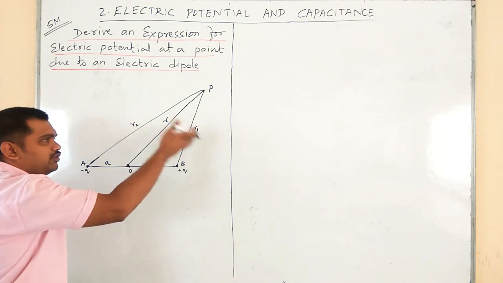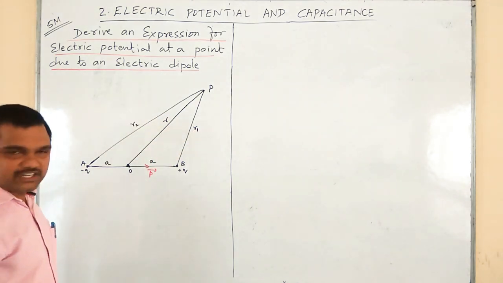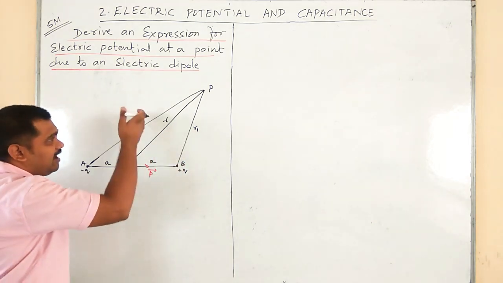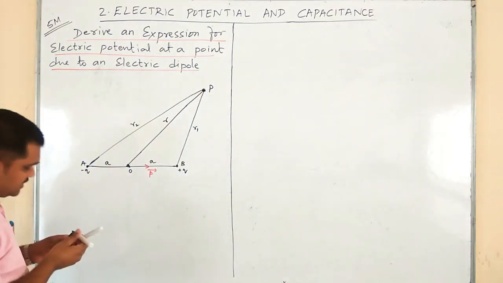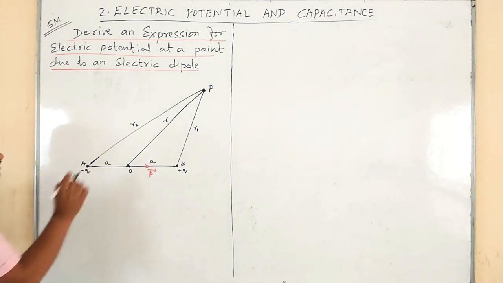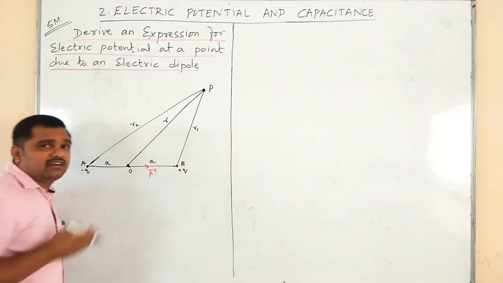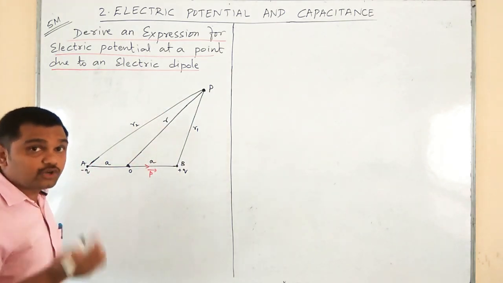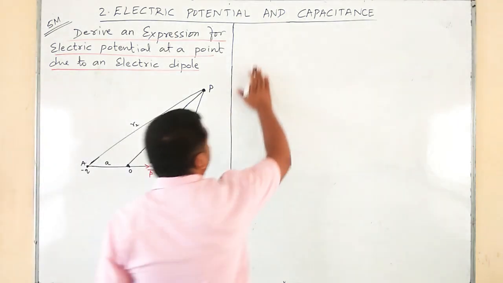Actually, we won't use these R1 and R2 in our derivation, so it is not mandatory to write R1 and R2. Next, at point P, since there are two electric charges, we can expect two electric potentials, isn't it? Therefore, I will start my derivation here.